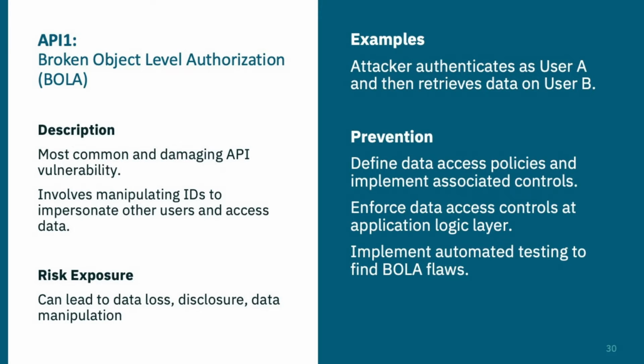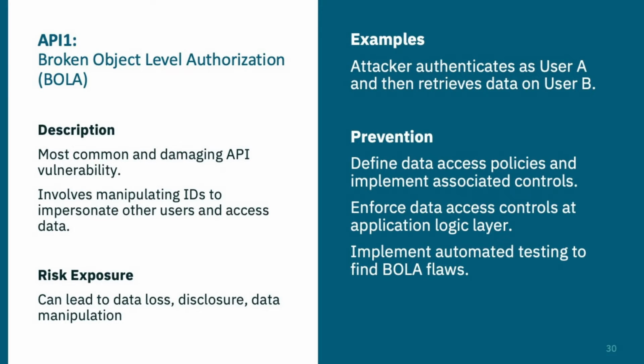So the prevention side here is to really thoughtfully define what your access control policies are, right? To know what access a given user or given role should have access to, and then to enforce that at the application logic layer, right? Don't enforce that in the UI, don't enforce it in the API itself, but you need to actually enforce that kind of control within the application logic itself.